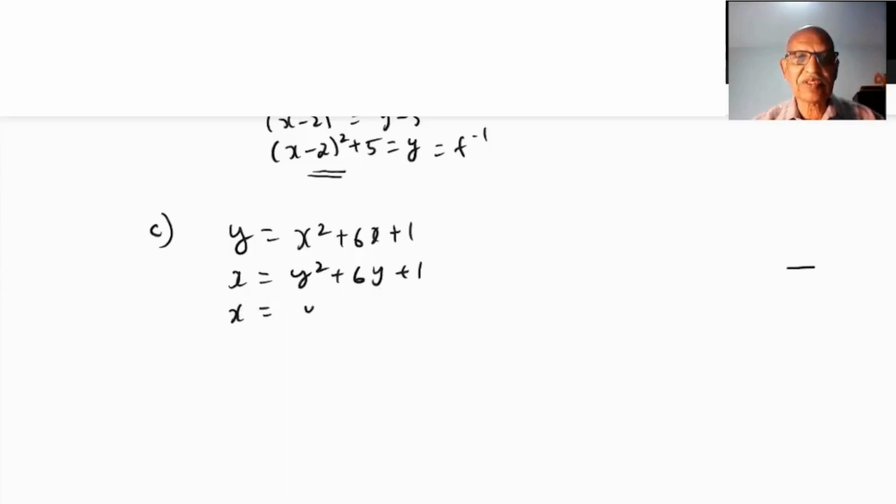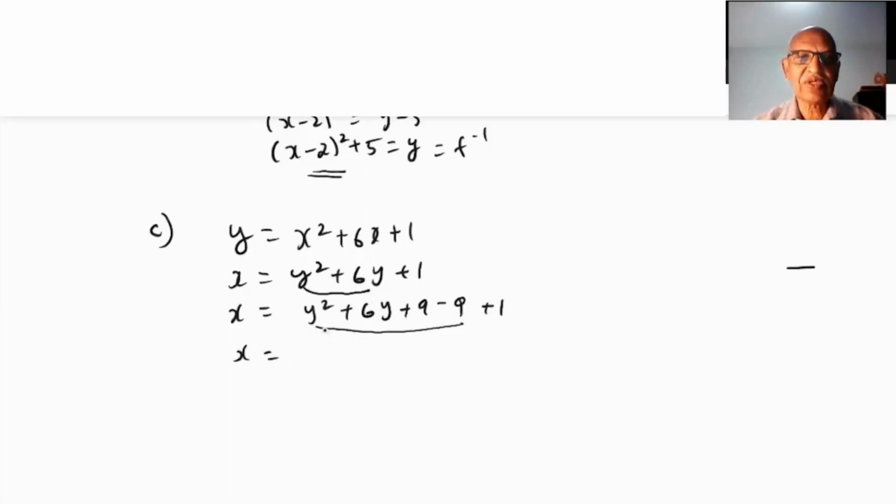To change it to vertex form, I have to complete the square. Complete the square means I have y squared plus 6y. In order to complete the square, I take half of 6. Half of 6 is 3. 3 squared is 9. Plus 9 minus 9. I add and subtract a number so that I'm adding only 0, plus 1.